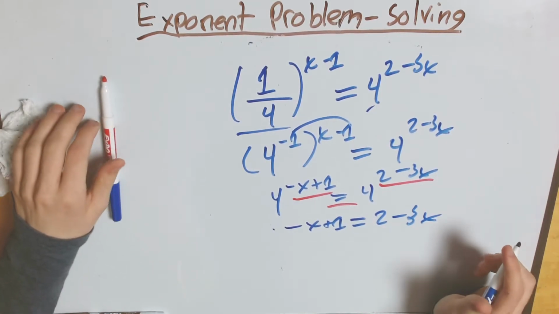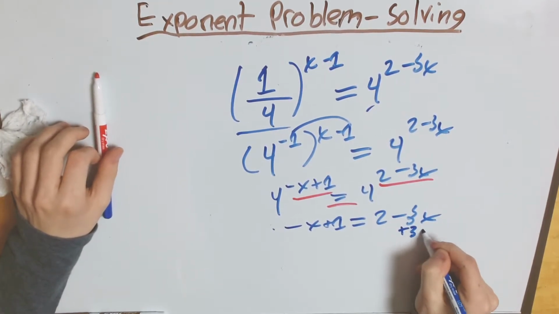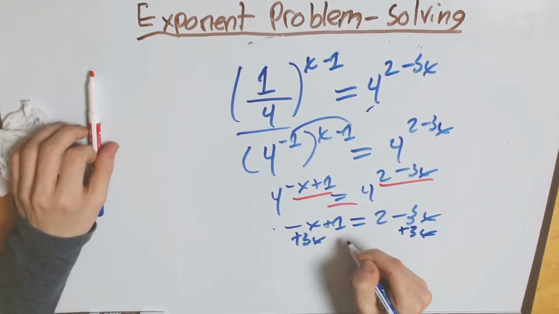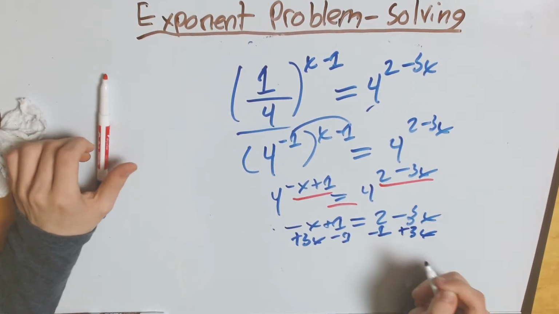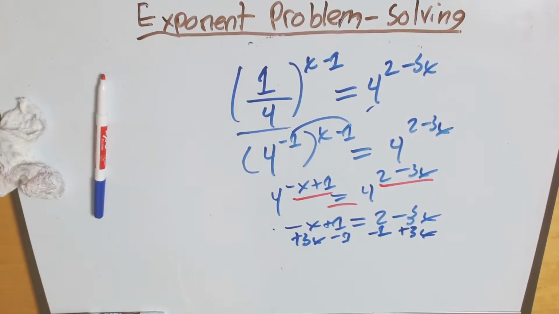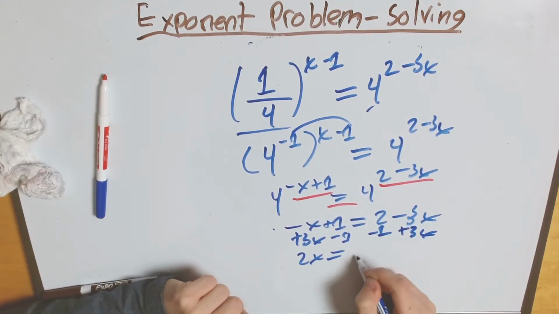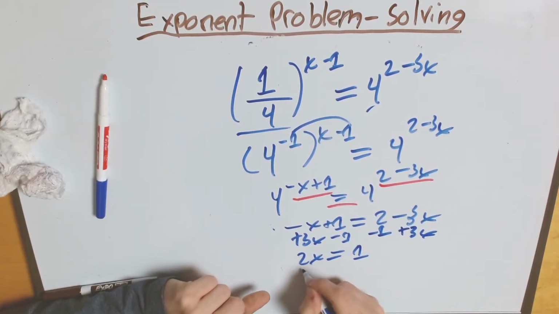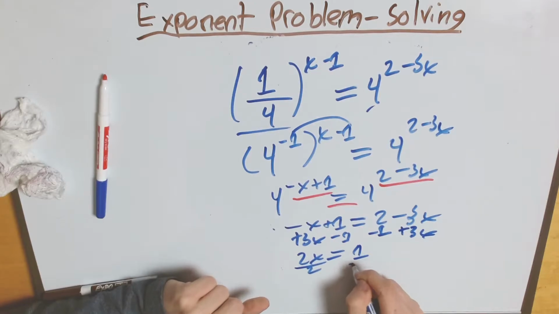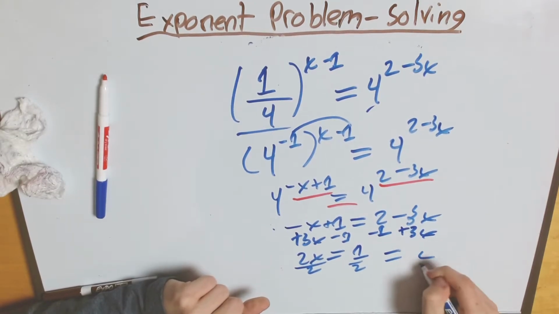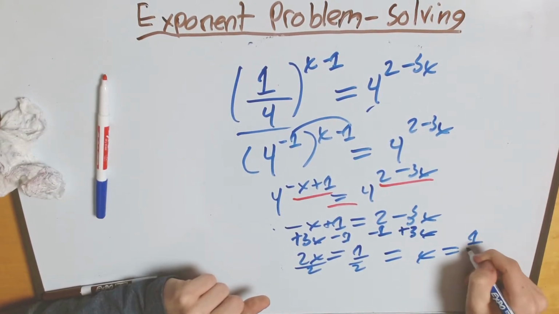I want all my x's on the same side. I'll add 3x here and subtract 1. And I end up getting 2x equals 1. I can divide by 2, and I get x equals 1/2.